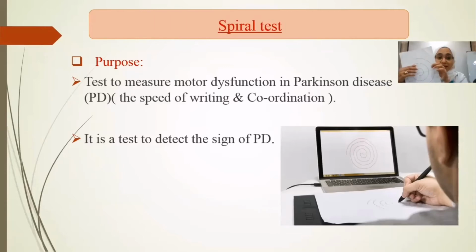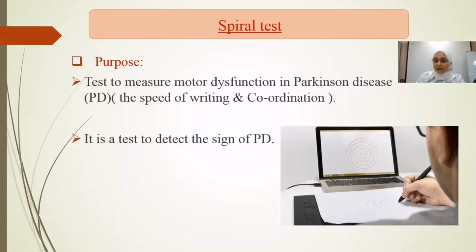The spiral test detects motor dysfunction in Parkinson's disease, and tests the speed of writing and the coordination of the upper limb, because in most of our Parkinson patients, the problem is coordination of the upper limb. So the test will detect the signs of Parkinson's, and sometimes the early signs, especially in early-aged Parkinson's.